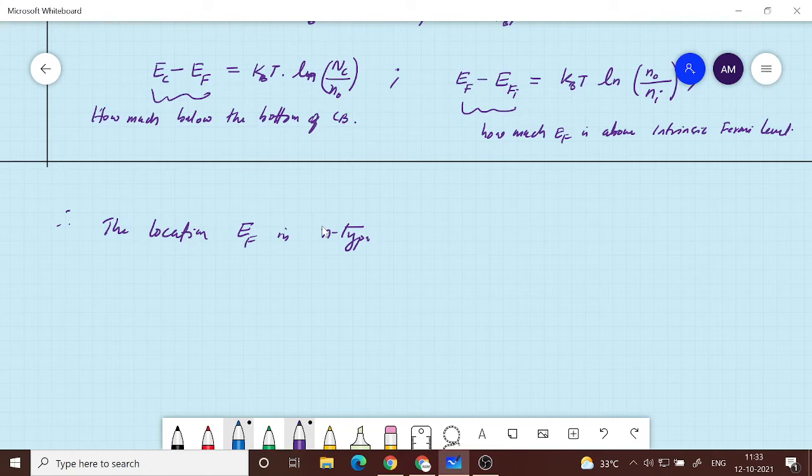So the location of EF in an N-type semiconductor depends on two things: one is Ni, and the other is N0. That is, the intrinsic carrier concentration and the concentration of electrons in the conduction band. Now Ni depends upon temperature, and N0 depends upon both temperature and the doping concentration.